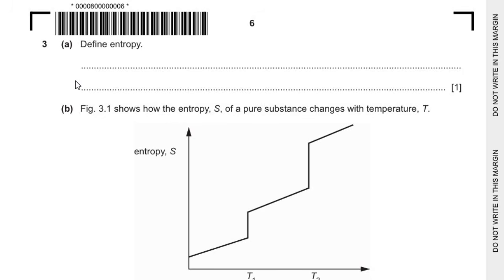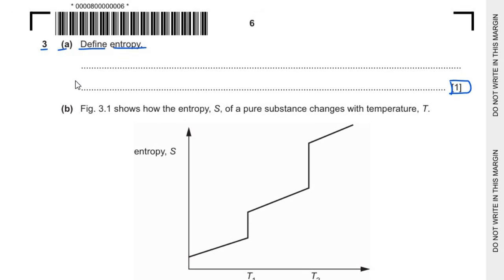So here is question 3. Now here the first part, A, is define entropy. Now what is entropy? In one word it can be defined as the disorder of a system, or randomness of a system.